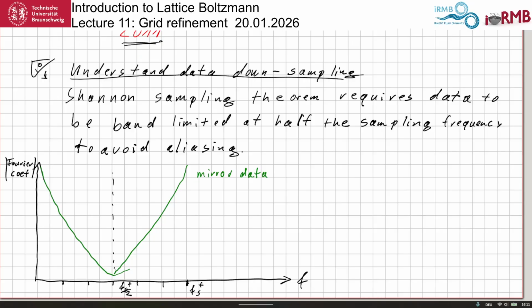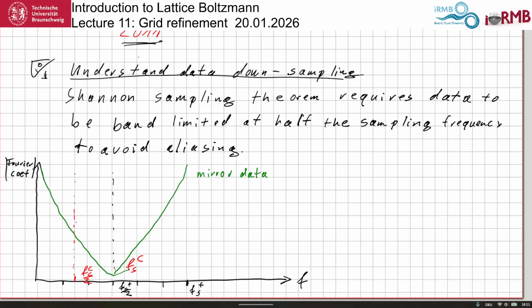Now, if this also is your sampling frequency for the coarse grid, then here would be the coarse sampling half. Now, if you come in with this signal, what does this mean? This means that the entire thing here gets a new mirror around this point.